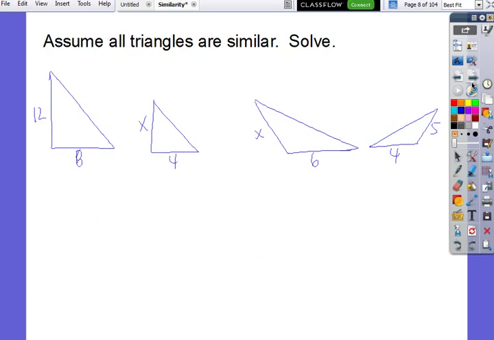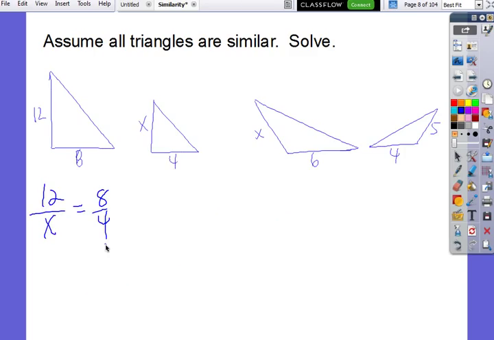So I'm going to say 12 over X. You make a fraction with the corresponding sides. And that's going to equal 8 over 4. Where did I start with both of the fractions? Which triangle? Big or small? If I start with the big triangle the first time and it goes in the top of the fraction, then the second fraction has to have the big number on top.